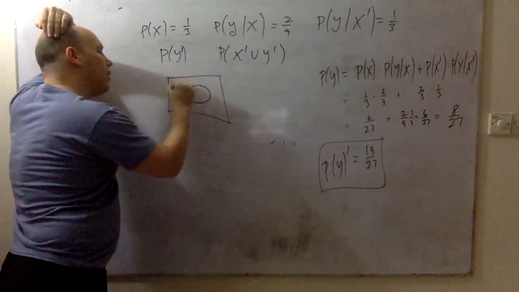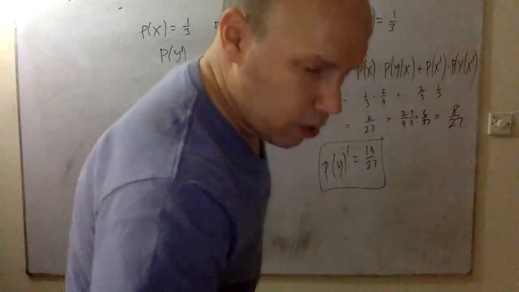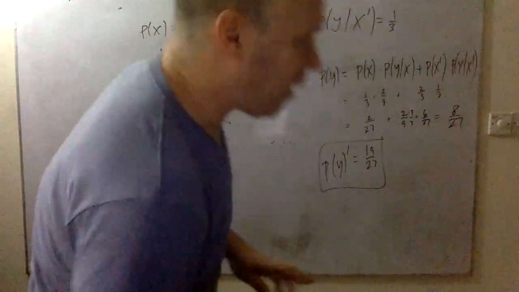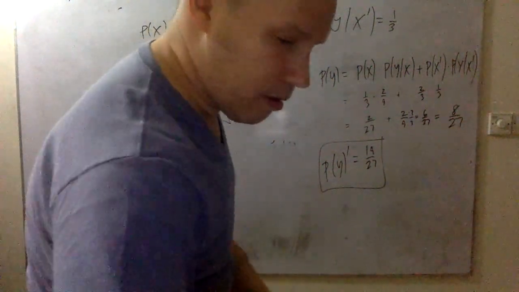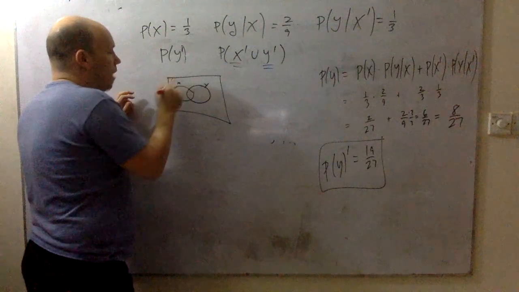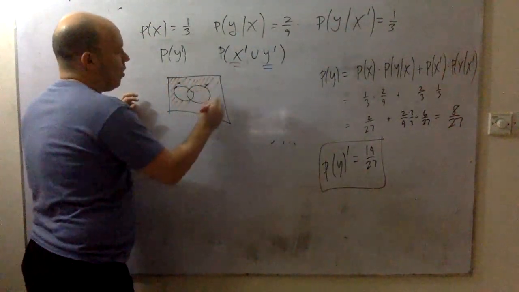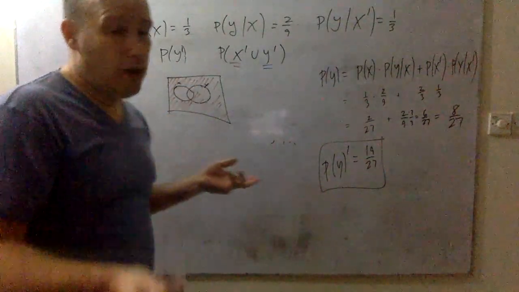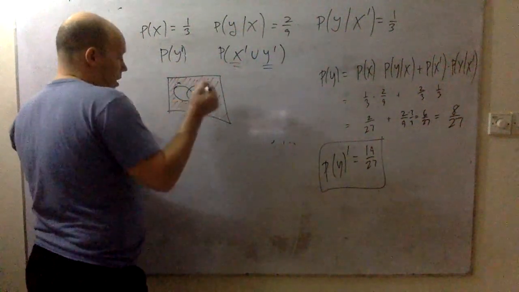So we have X and we have Y. Let's make X red and let's make Y blue. So not X. Where's not X? Well, this region is not X. Well, where's not Y?